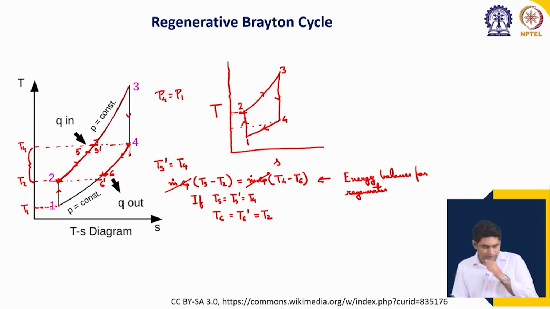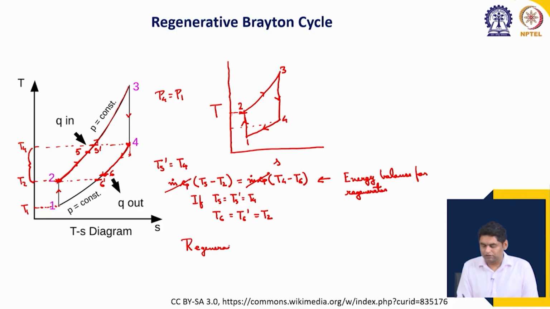Okay. So, the outlet from the heat exchanger for the combustion products will be at the same temperature as the inlet air. Okay. So, this type of heat exchanger is known as a perfect heat exchanger or perfect regenerator, and this is quantified by defining a parameter which is known as regenerator effectiveness.